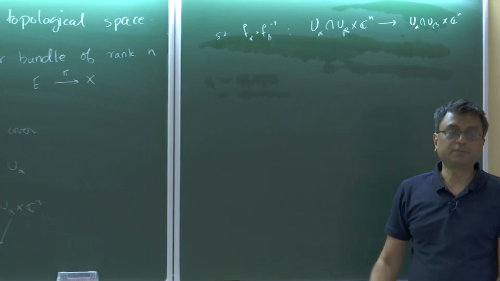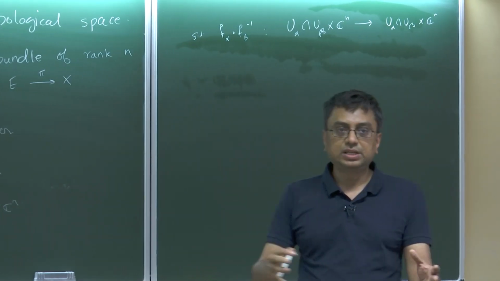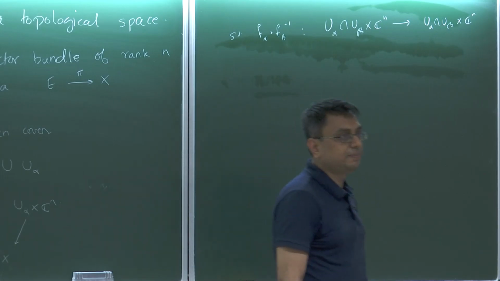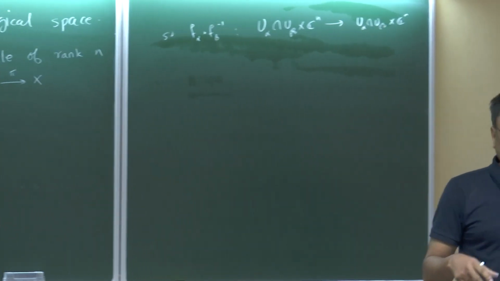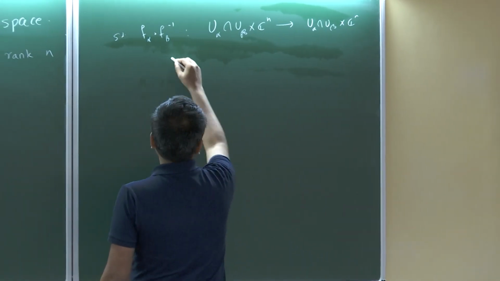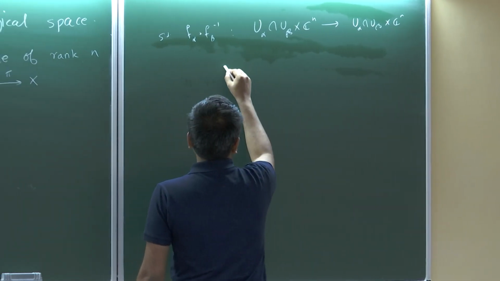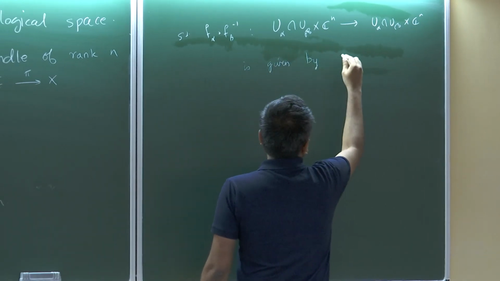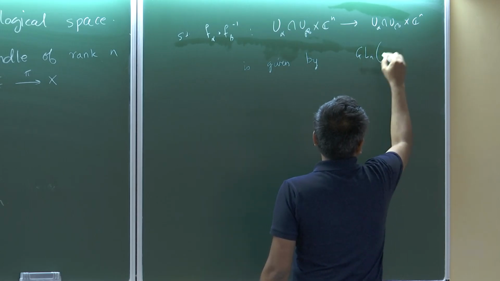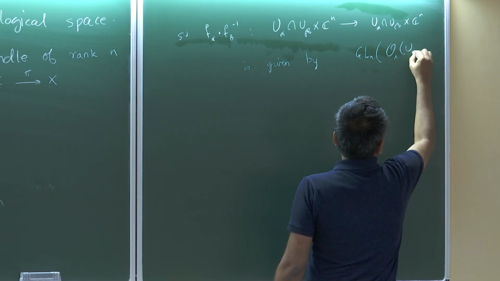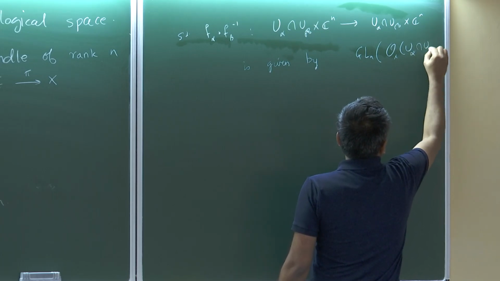This map is linear on fibers. So basically there is an n cross n matrix of functions on U alpha intersection U beta which defines this map. So this is given by GL_n of O_X on U alpha intersection U beta.